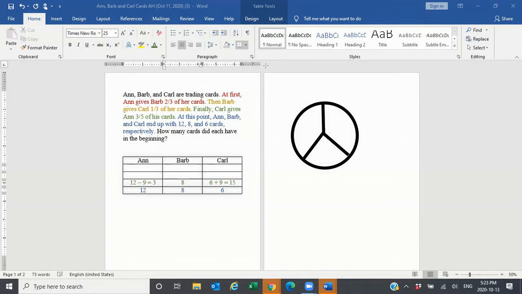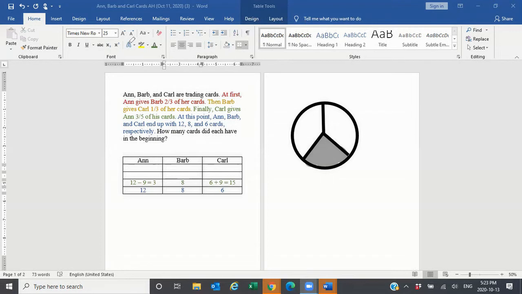I also intend to shade in 1/3, representing the 1/3 that Barb gave to Carl. My shading will not be equal, but I mean it to be. This is good enough. Now, if Barb gave Carl 1/3, Barb must be left with 2/3.